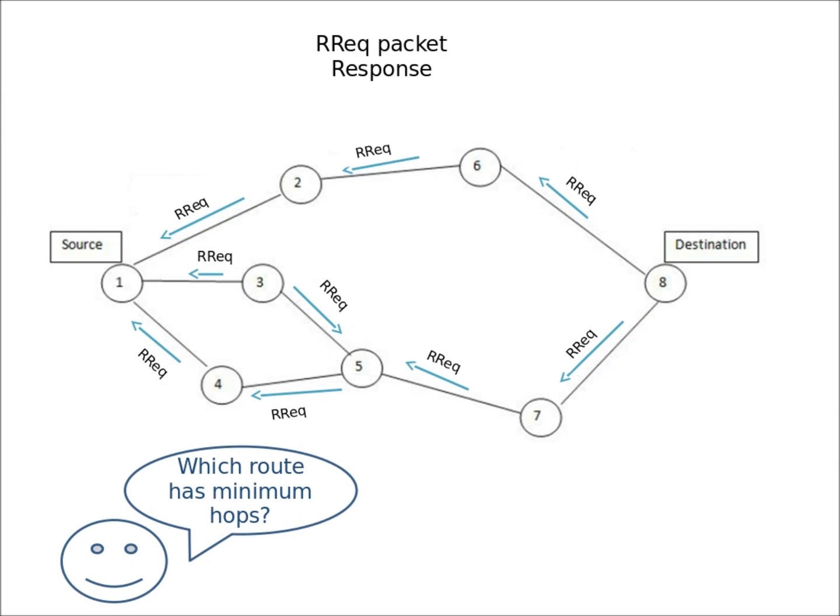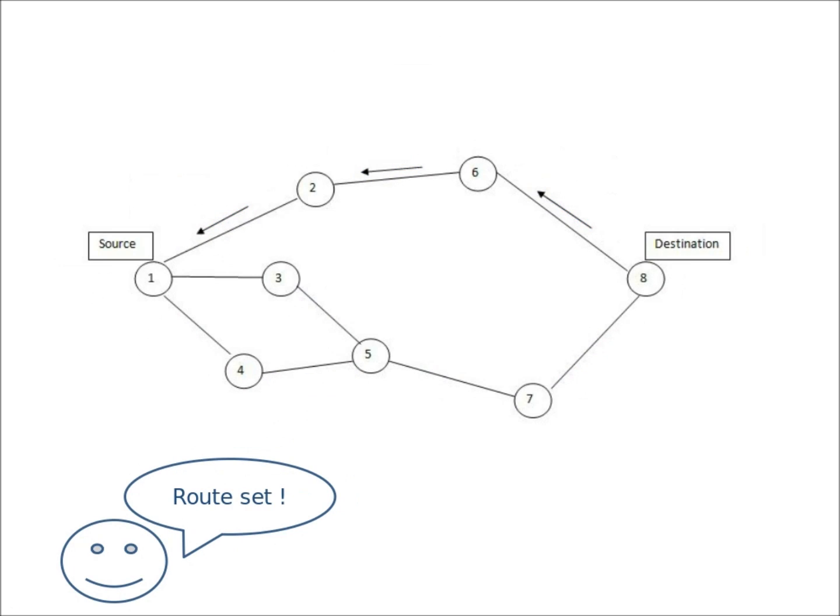This message is forwarded until it reaches the source. After the message reaches the source, it must determine which path has the shortest hops, that is, the minimum number of nodes on the path. As you can see, the path from 8, 6, 2 and 1 has the minimum number of hops when we compare it to the other two paths. So this is the shortest path.